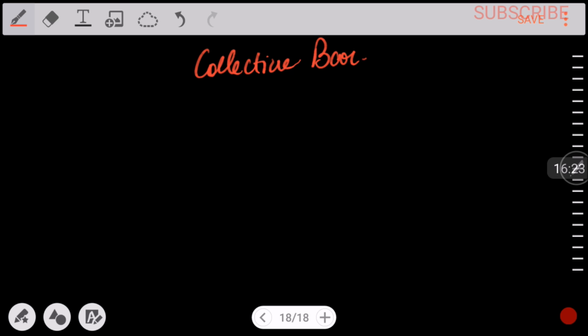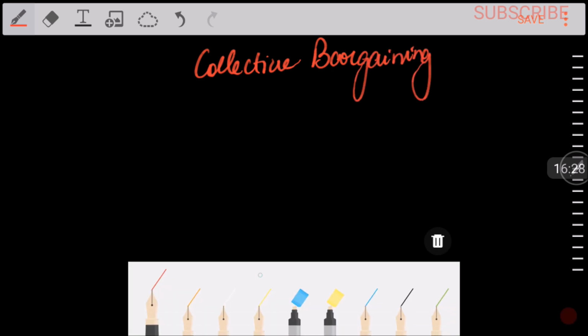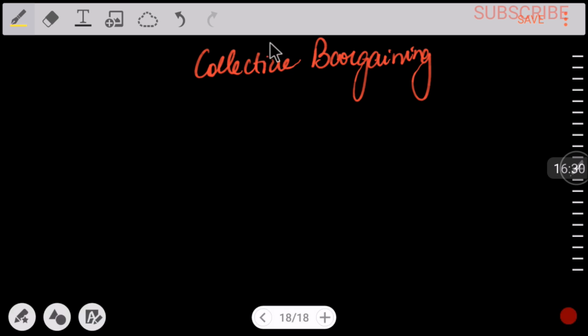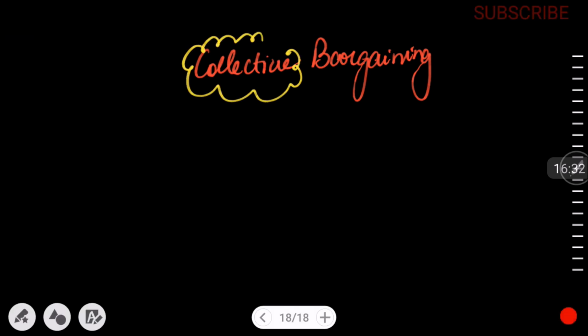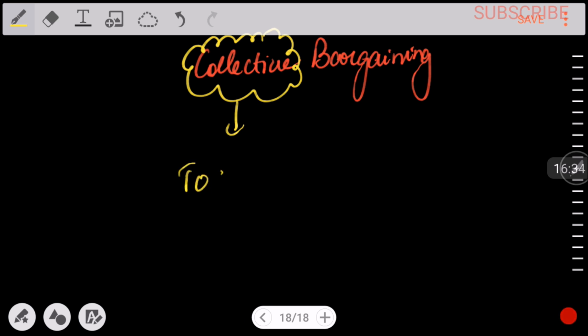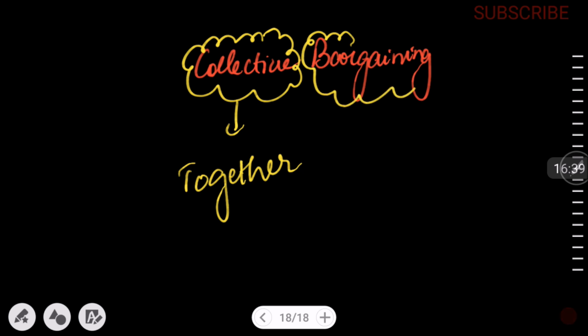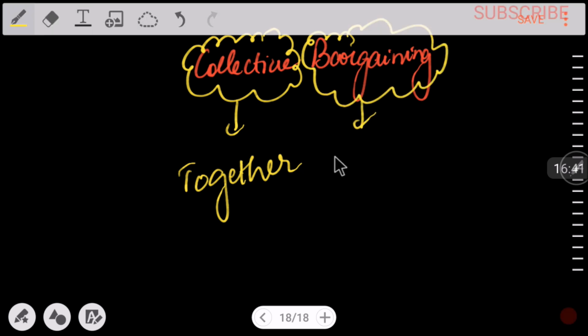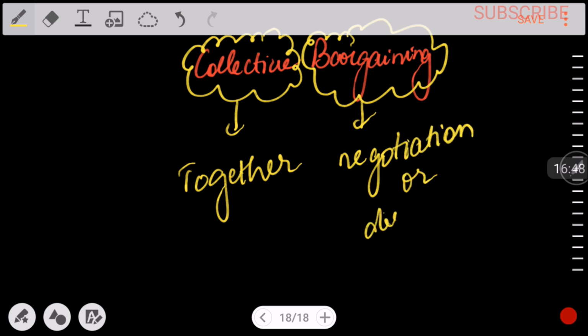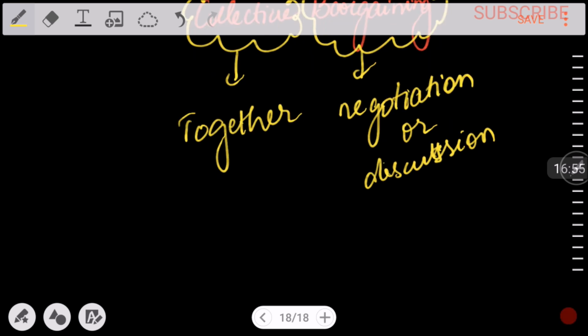Now we will discuss collective bargaining. As the name itself suggests, collective means together, bargaining means negotiation or discussion.